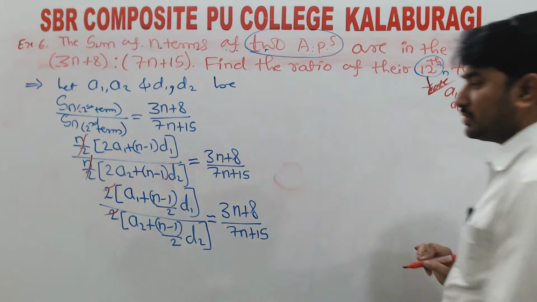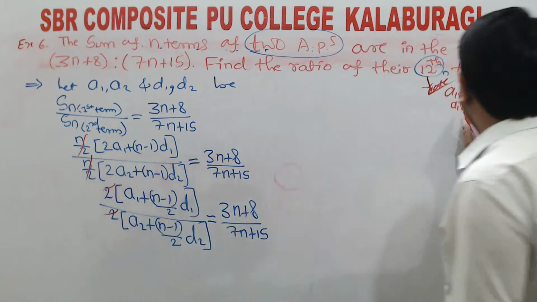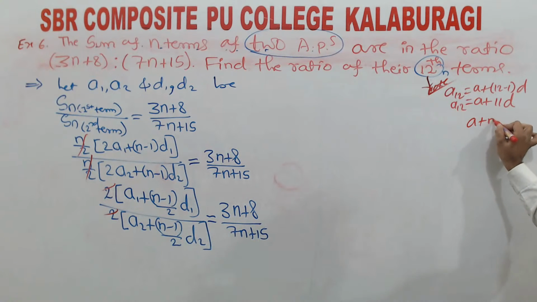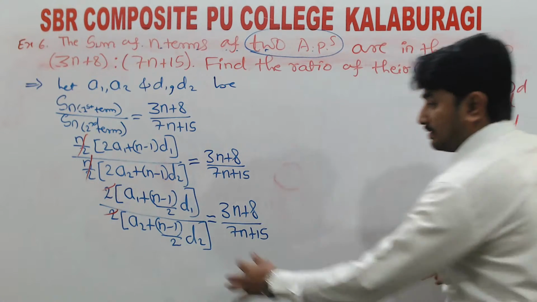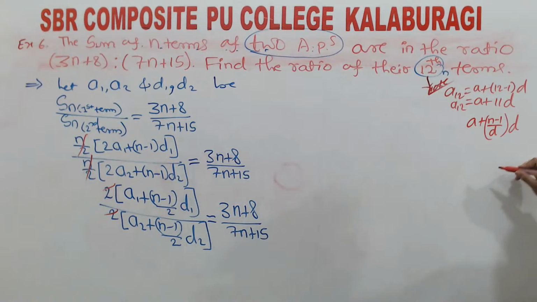So compare these two terms, either the numerator or the denominator value. Here a plus n minus 1 by 2 into d is there. Compare these two, where the common differences are the same and the first terms are the same.